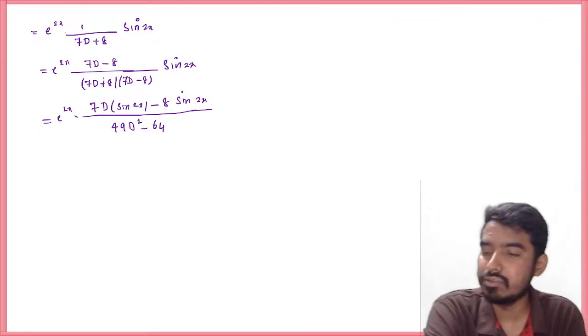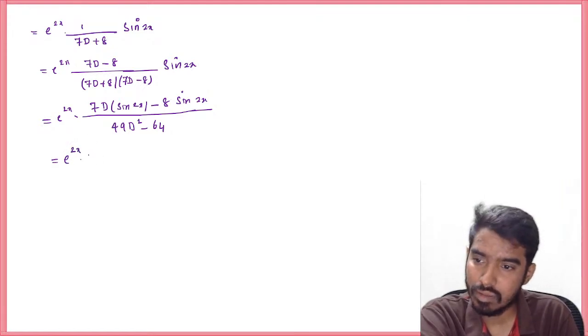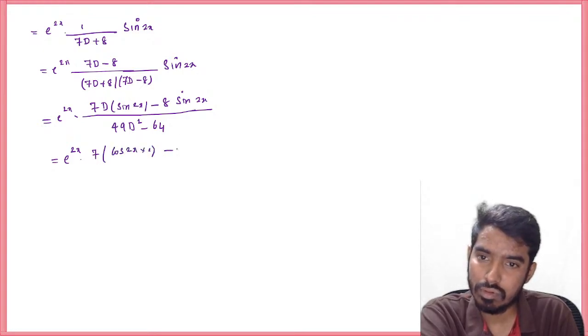A square minus b square. This will be e power 2x, D of sin 2x. So it will be cos 2x into 2 minus 8 times sin 2x.